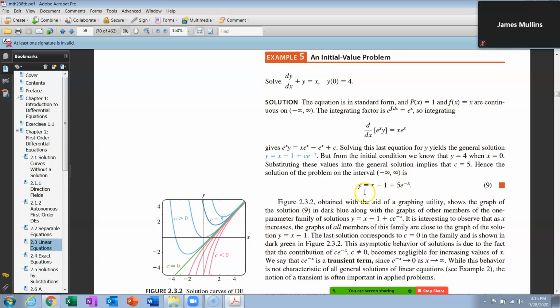So you're approaching y is equal to x minus 1. That's a line which has a y-intercept of minus 1 and a slope of 1. And that's exactly what you get here for the long term, x very large up here and very small down here. Well, that's when c is equal to 0. Okay, that's what. All right.